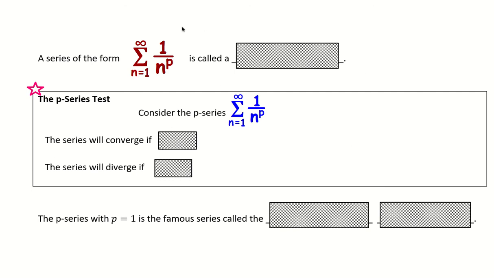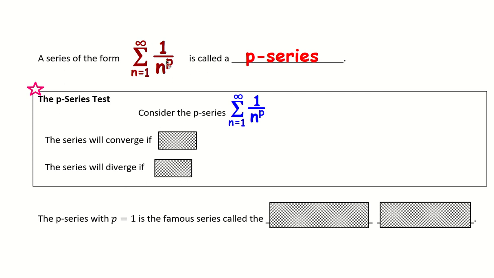If you happen to have a series in this form, 1 over n to some power, we call that a P-series. You can think of the P as power, though I don't want to mix it up with power series.